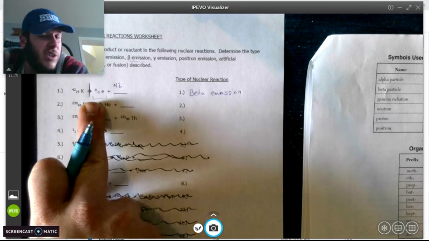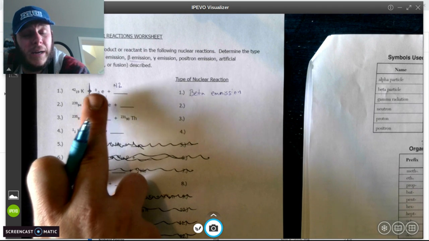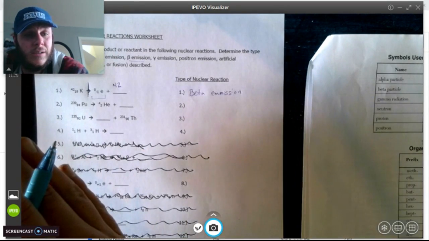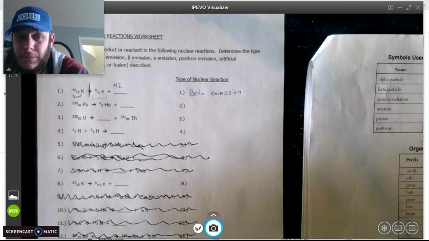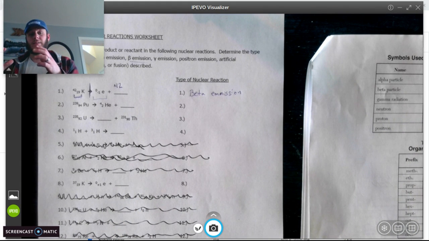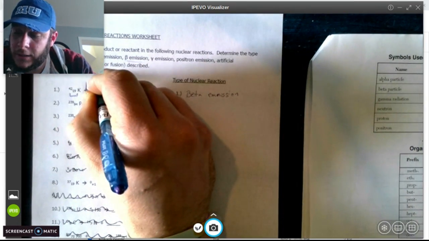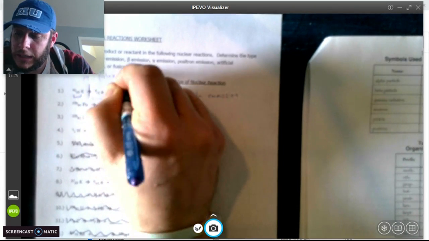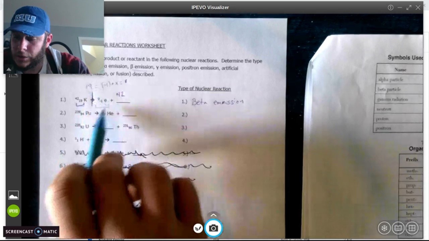Remember, I told you that you don't need to know what it really means, but I do know that the bottom number is -1. The number of protons right now on the right side is -1. If I started with 19 protons, a bottom number of 19, the right side of the equation has to have a total of 19. So you're doing some simple algebra: -1 plus what number equals 19?